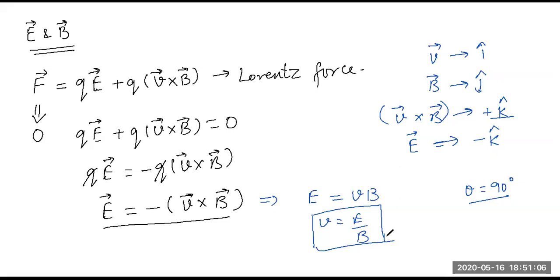Now what's the use of it? That I'll tell you now. The use of it is something which you call a velocity selector. Understood? Any questions on this analysis? No, sir. So if you want to copy, I'll give you 1 minute.